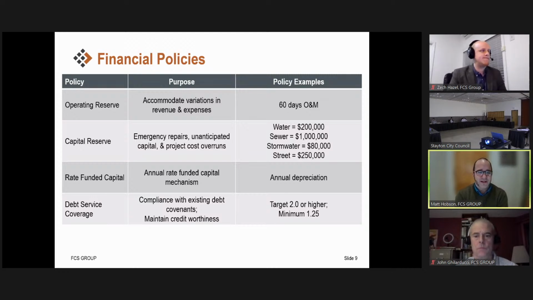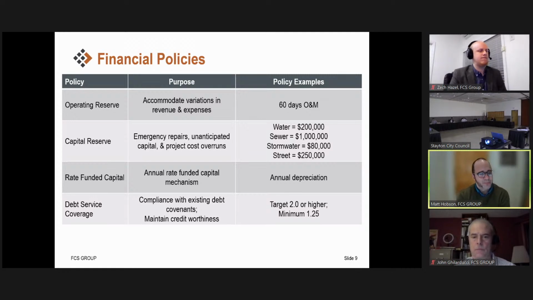The rates you'll see tonight also reflect maintaining a capital reserve for each utility that's designed to meet emergency repairs, if there are cost overruns, and then also just addressing capital needs that may exist that we haven't accounted for yet. And so they differ by utility, with sewer having the largest minimum reserve of $1 million.